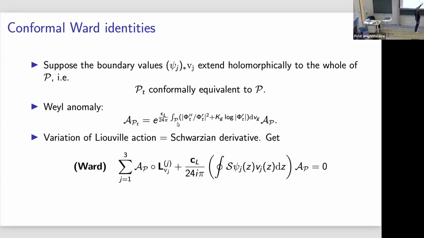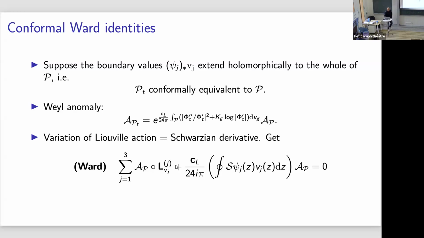And if you make some computation, you end up with this formula that is called the Ward identity. So the amplitude applied to the sum of these terms, where you have composed by the Virasoro generators, up to this Schwarzian term here, sum to 0.